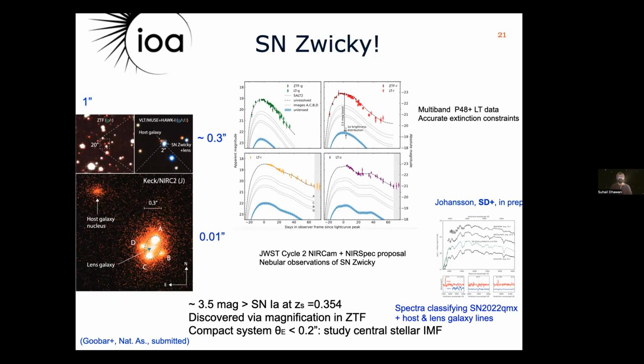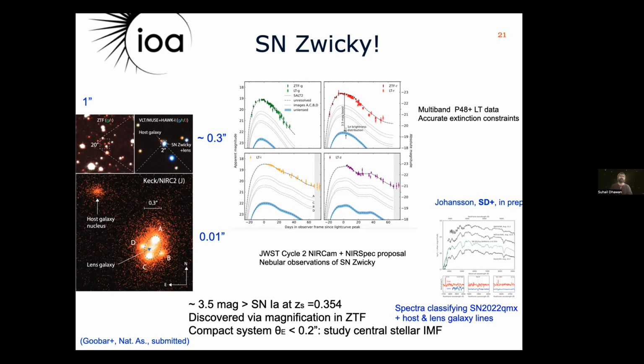We triggered the VLT to get better resolution IFU spectroscopy and infrared photometry, as well as triggering the Liverpool Telescope, because this was extremely bright, in order to get multi-band follow-up and constrain properties like the extinction, but also the time delay. As you may now be able to see from the previous image of the supernova iPTF16geu, this very symmetric configuration again suggests that the time delay is not very high.